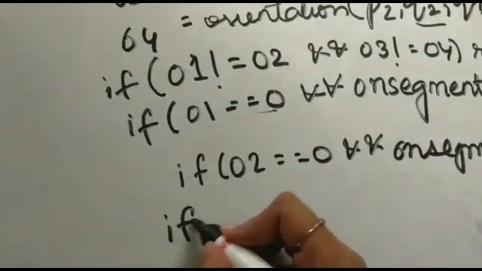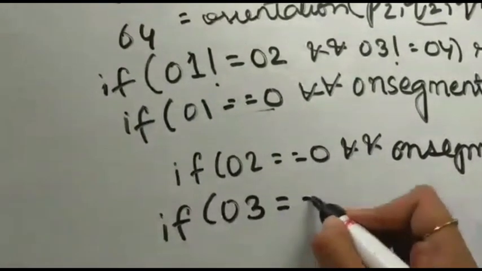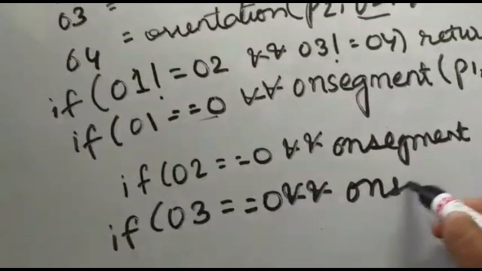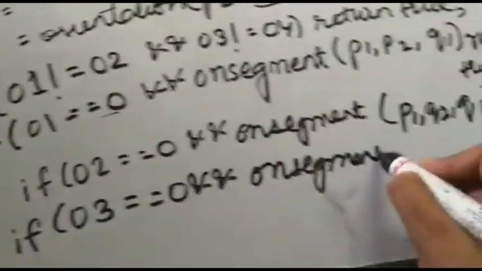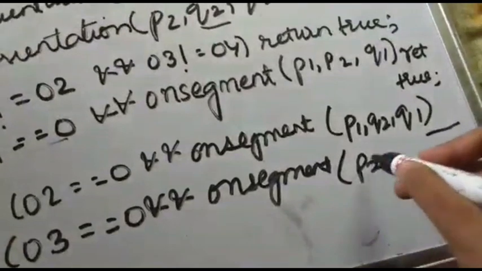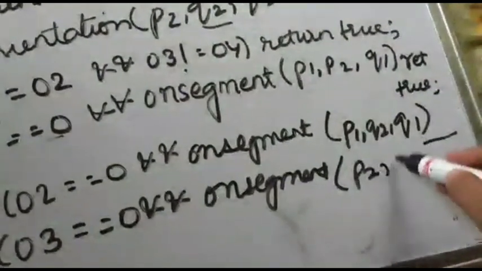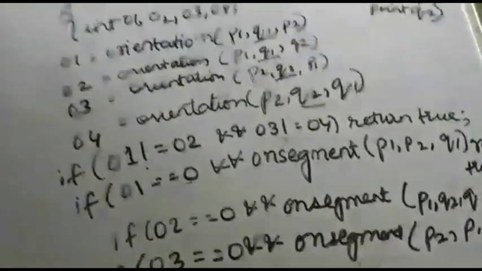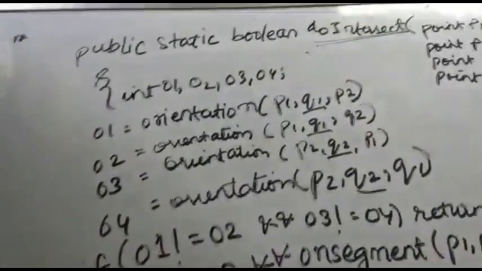If O3 is equal to 0 and again I'm calling onSegment for P2, P1 and Q2. And since we are running out of space, I'm going to just erase this part of the program.